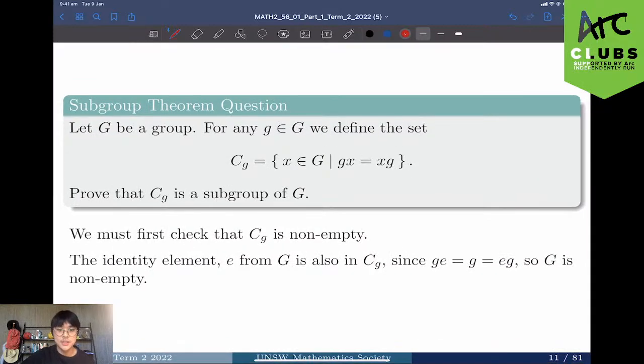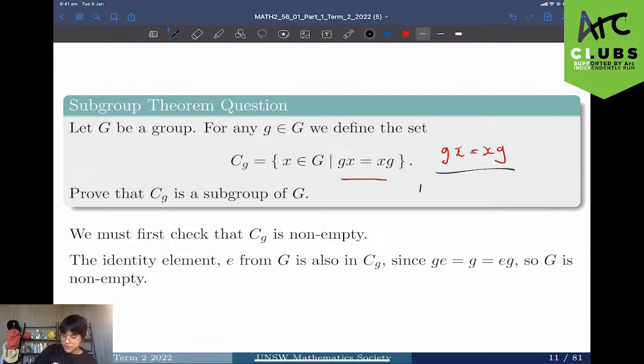So we pick the identity element E from G, and it has to satisfy this rule. So Gx has to equal Xg. So here, the X is E.